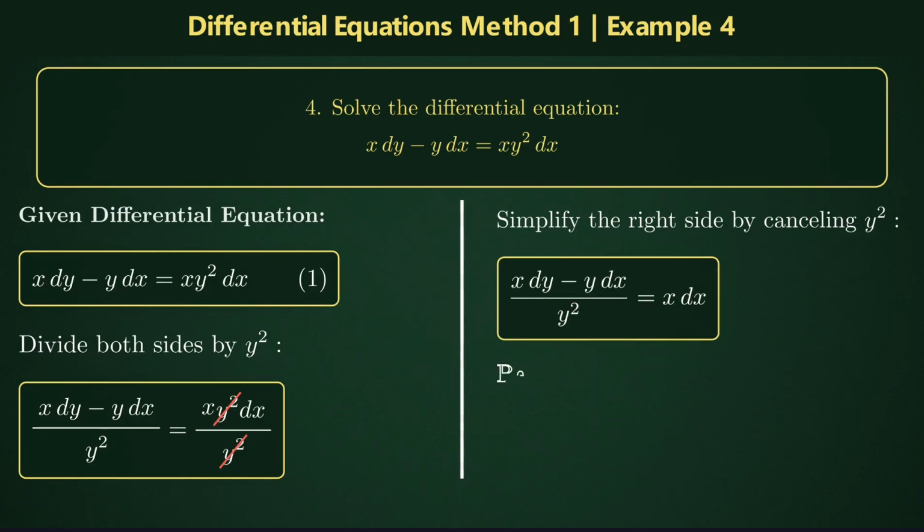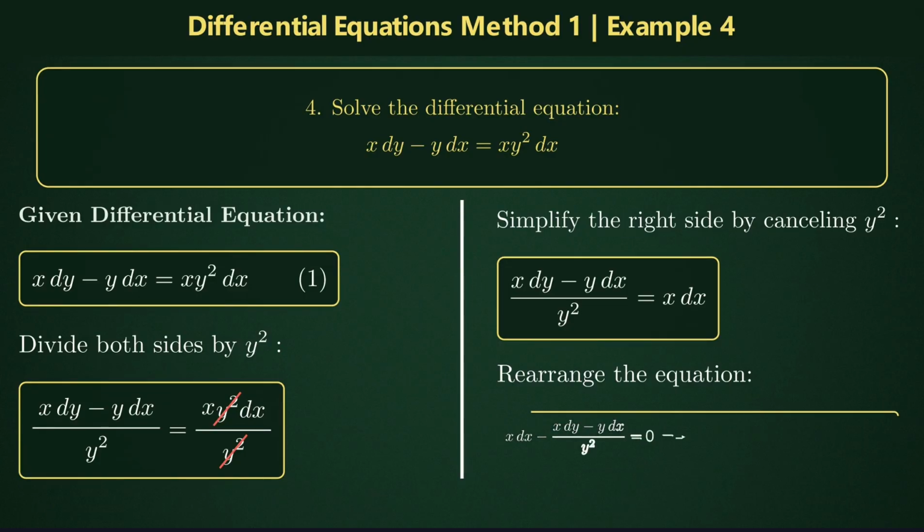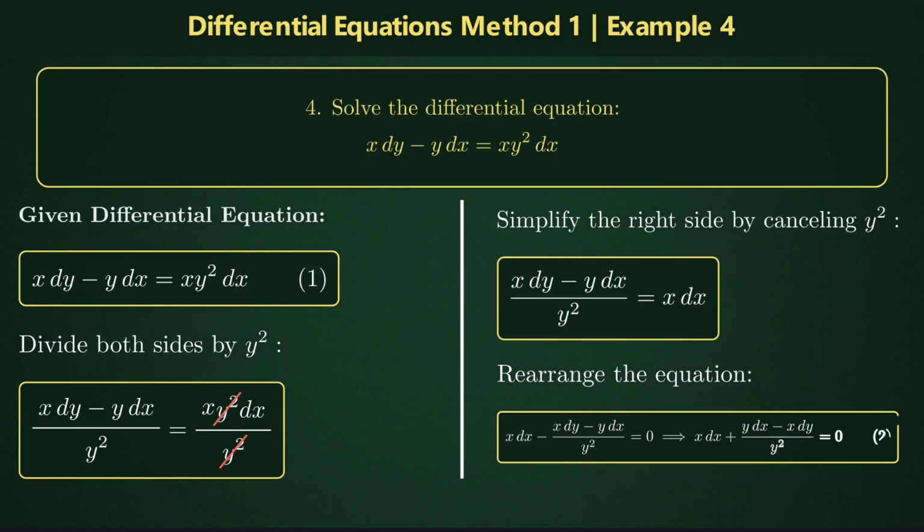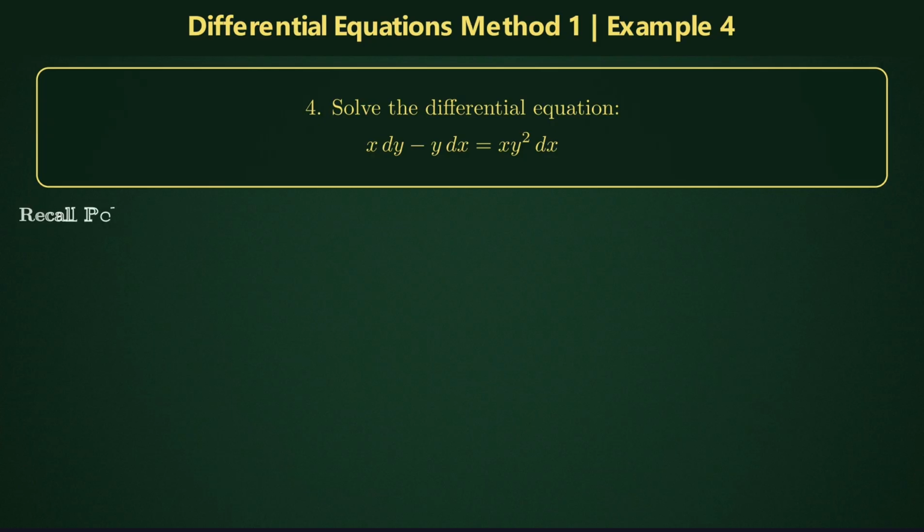Next, we rearrange this equation by bringing the fraction to the other side. We write x dx minus the fraction x dy minus y dx over y squared equals 0, which simplifies to x dx plus the fraction y dx minus x dy over y squared equals 0. Let's recall the standard differential quotient rule from our inspection formulas.